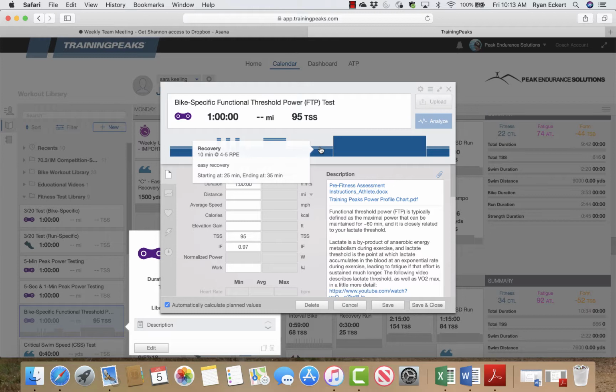So hopefully this was somewhat helpful for you as a coach or as an athlete, and hopefully it helps inform your decisions as to what type of testing you do and how you do your testing to determine your threshold, because testing is a fairly important piece of training nowadays.